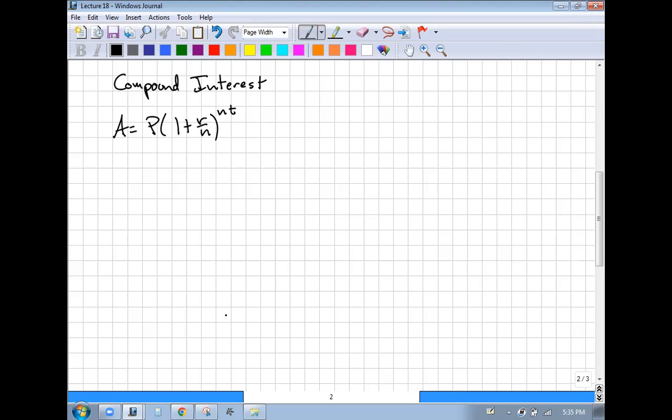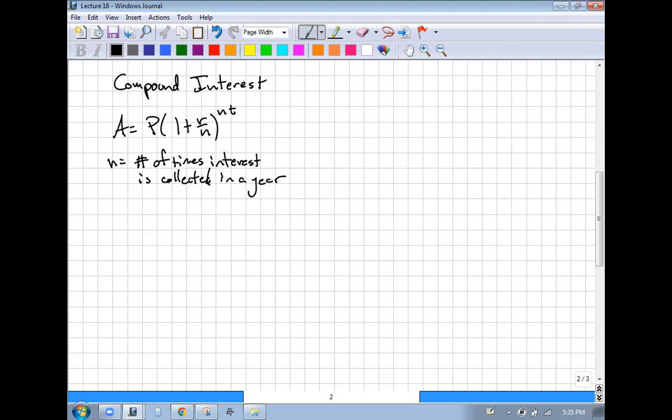All the letters mean the same thing, but here N is the number of times interest is collected in a year. So if it's compounded monthly, then N is 12. If it's compounded daily, then N is 365.